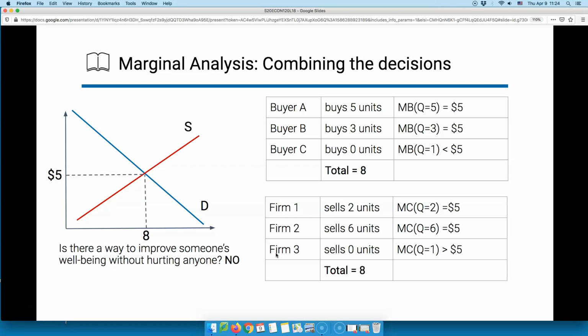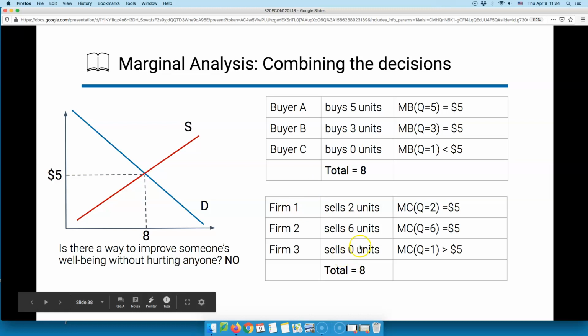And this is what economists mean when they say that markets are efficient. Simply saying that means that the net benefits in this particular market for the market participants are maximized when the market is in the competitive equilibrium. And that's about it. We're not saying anything about whether it's fair that one buyer gets 5 units and the other buyer gets nothing, whether one firm is able to sell 2 and the other firm sells nothing.